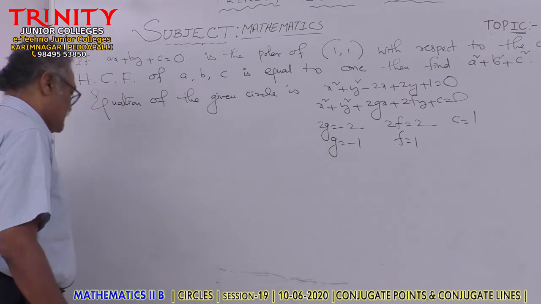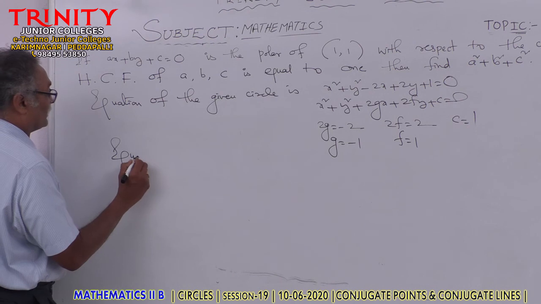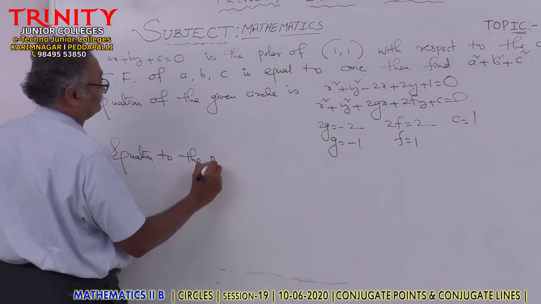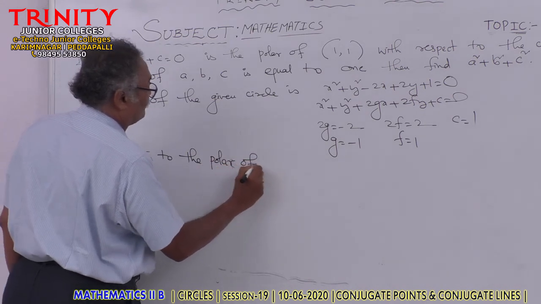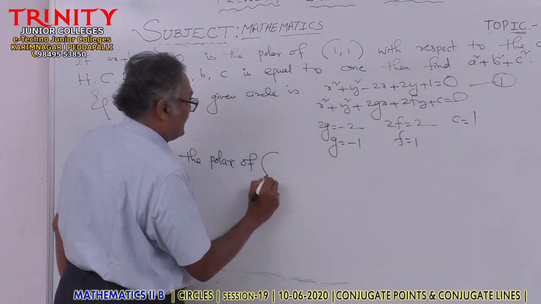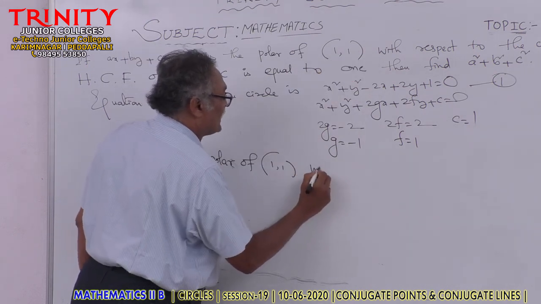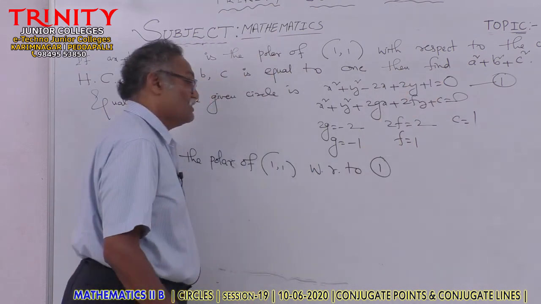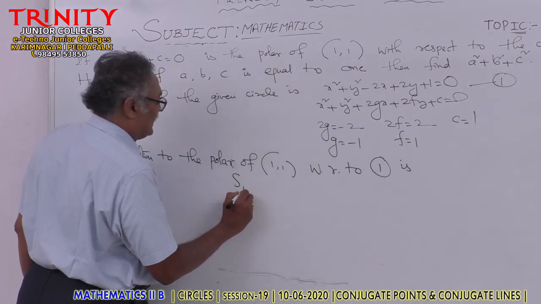Now, equation to the polar of 1 comma 1, the given point, with respect to the given circle. This one is formula S1 equals to 0.